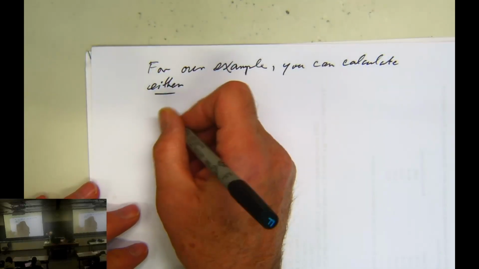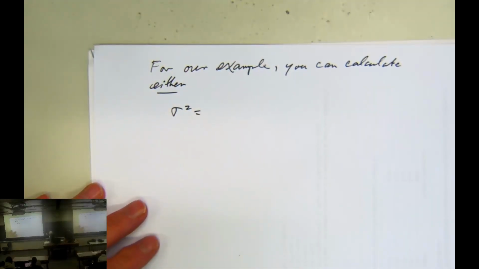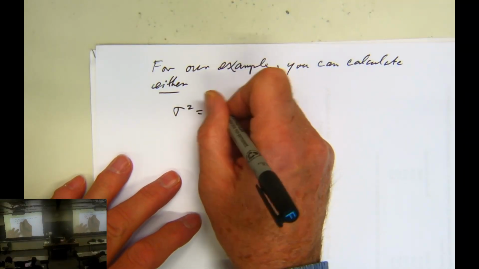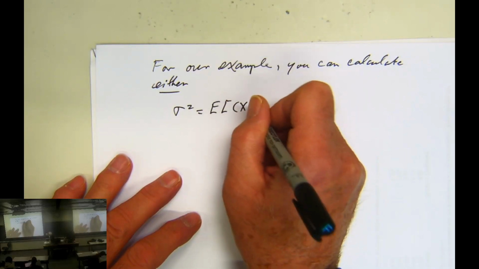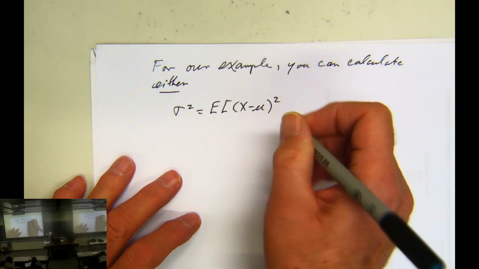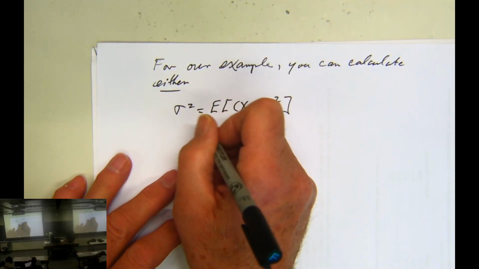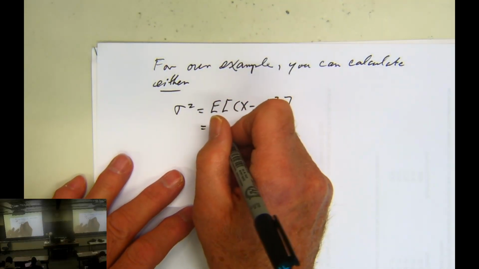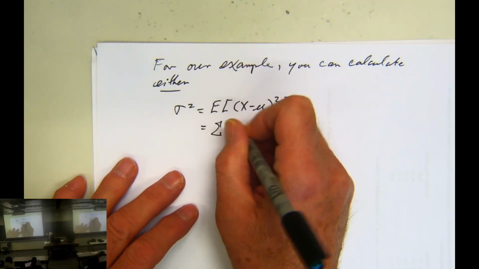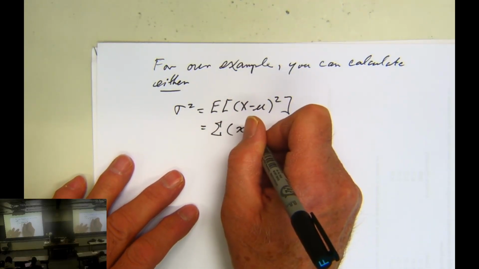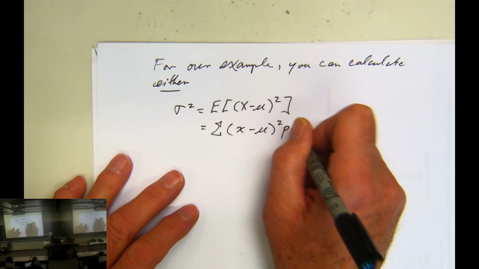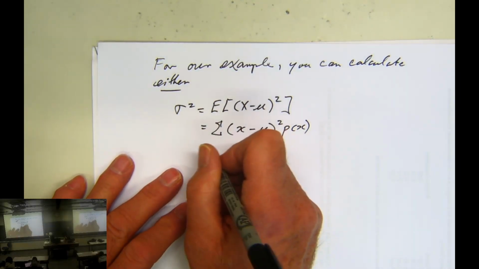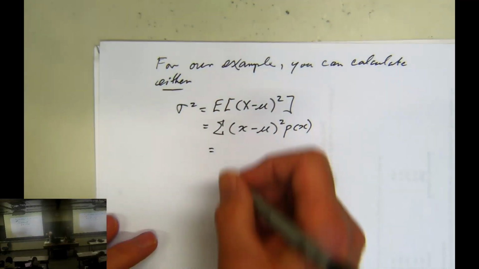So for our example, you can calculate sigma squared equals the expected value of x minus mu squared, which is the summation of x minus mu squared times p of x. I'm just going to put the substitutions in.